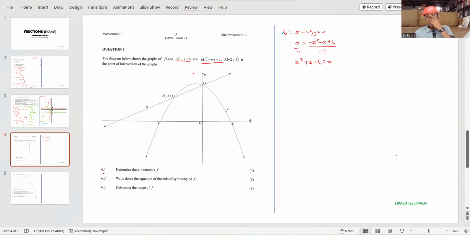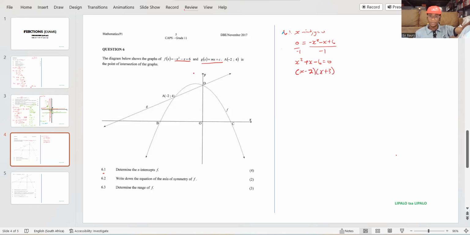You are most likely to make errors when you get these sort of questions. I always advise my learners, don't be in a rush. Okay, consider time, but don't panic, don't quiver, don't shiver. So I have x minus 2, then x plus 3. How did I get that?